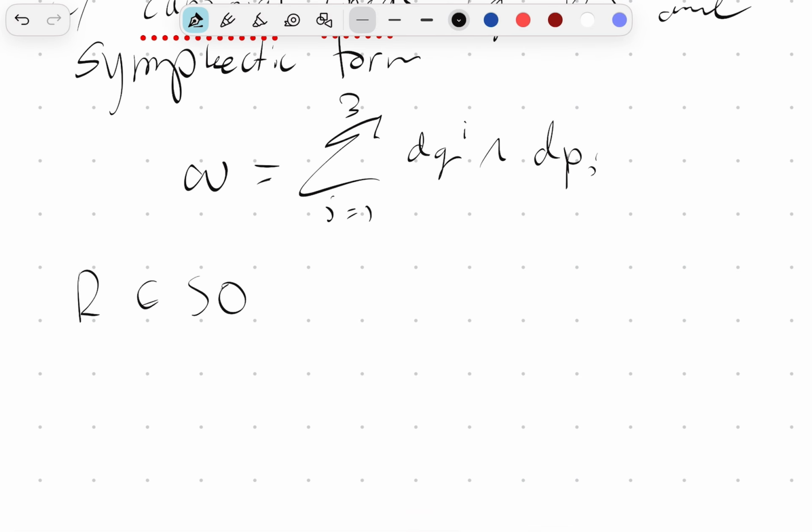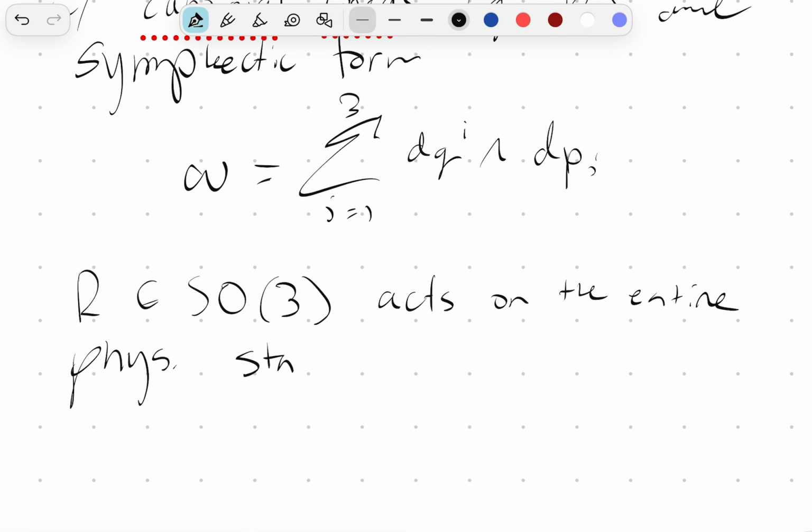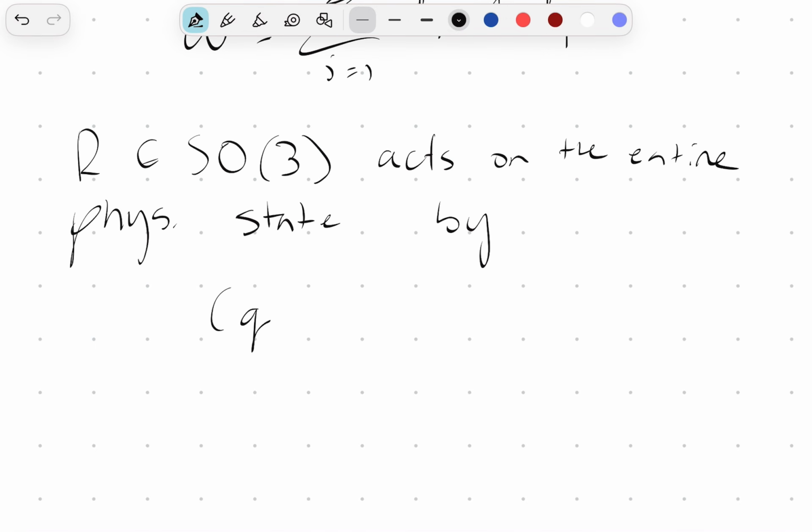that is in the Lie group, and how it acts on the entire physical state by (q, p) mapping to some rotation matrix acting on q and rotation matrix acting on p individually.